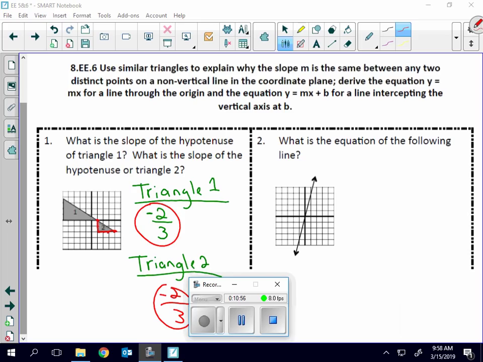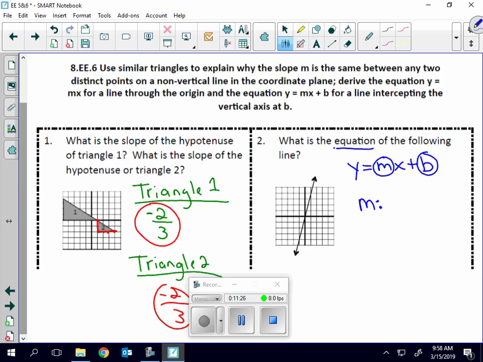Okay, what is the equation of this line? Well, what do you need for an equation of a line? You know it's this. So I need to find two things. I need to find M and B. Well, let's start with M. Pick 2 points on the line that are easy to read.